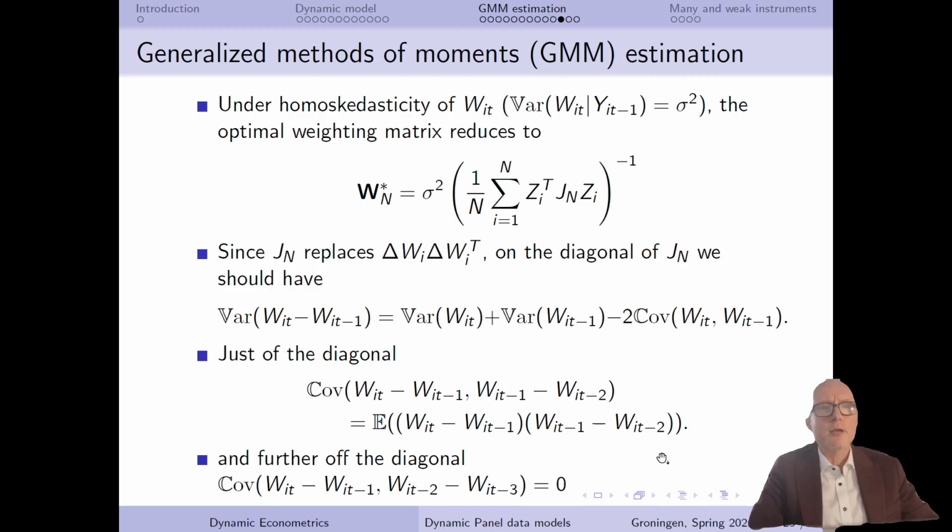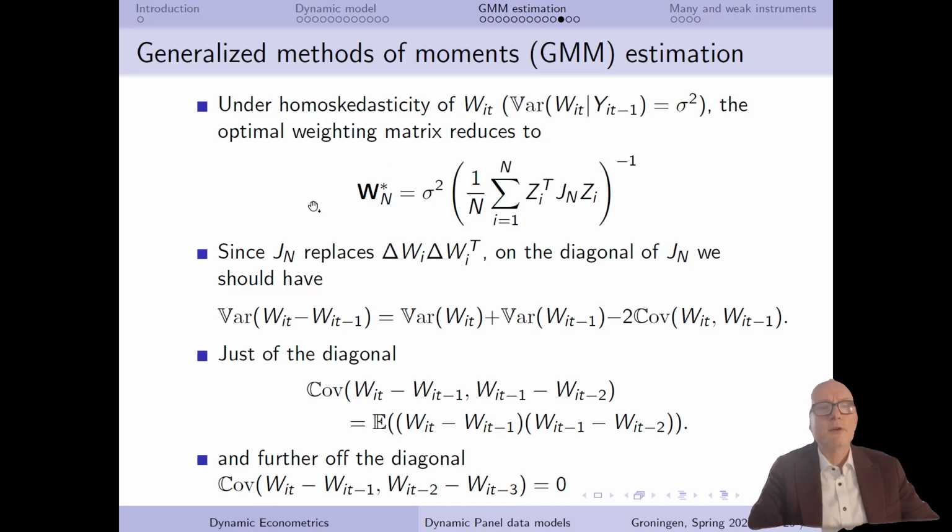More in particular, I'm going to assume that Wit is homoscedastic. That's not necessarily the case, of course, but if Wit is homoscedastic, then that means that the variance of Wit conditional on any Yit minus 1 is going to be equal to sigma squared.